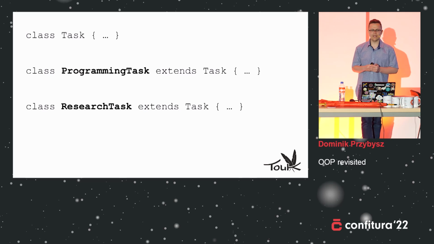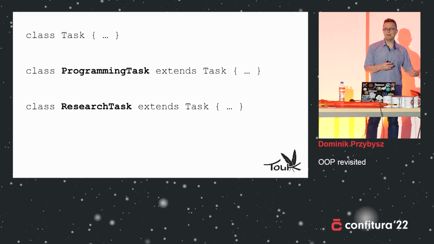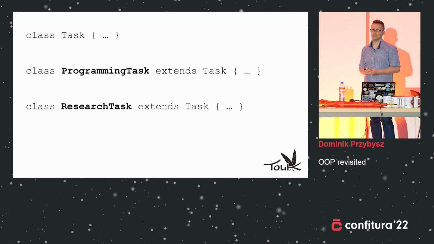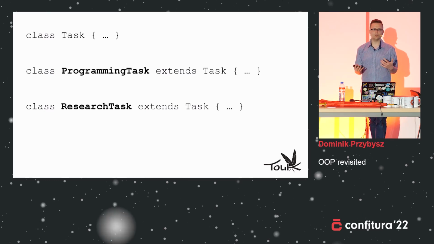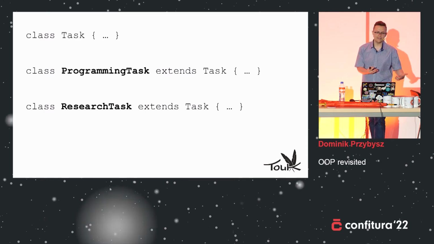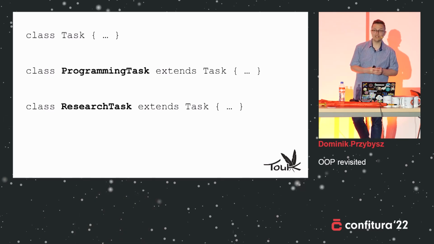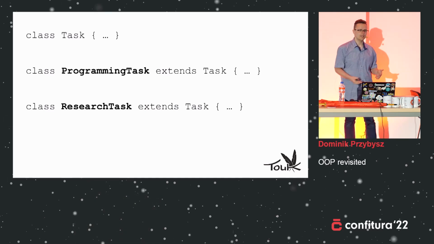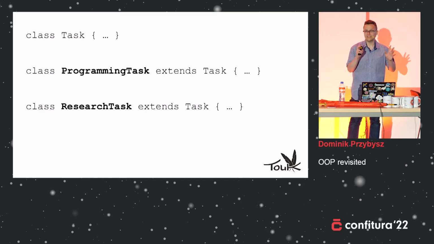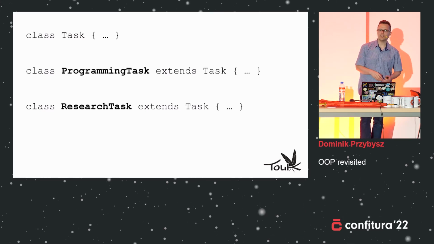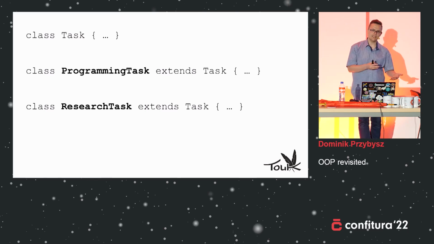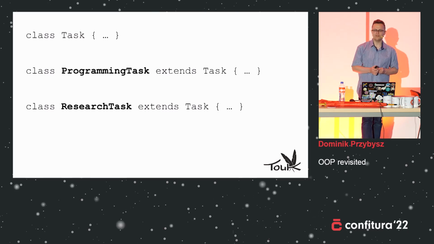So, for example, we can still have our task class, but for some specific reason, because, for example, we need some additional data internally, maybe we want to tweak some methods a little bit, maybe add some methods, we want to create programming task, also research task, and several other more specific types of the class task. And here we can create instances of the task class and all of the more specific types.